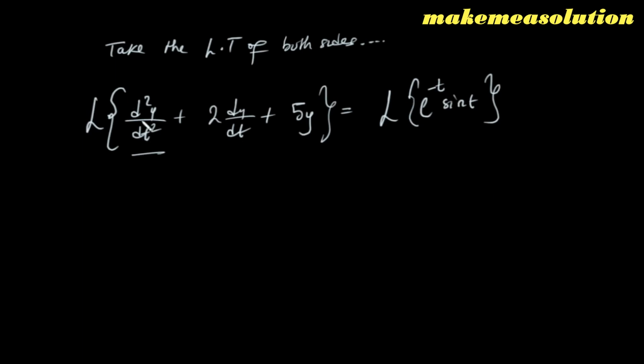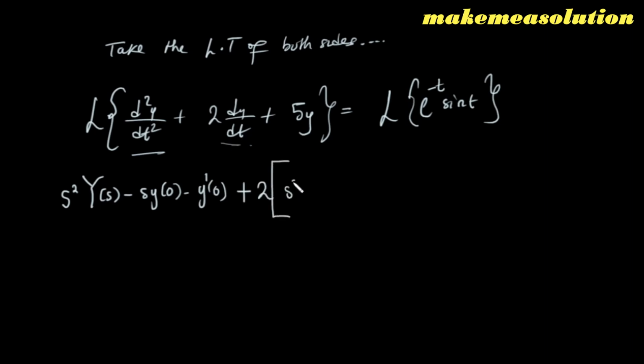Now, if you evaluate the Laplace transform of derivatives, you are going to find that for the second derivative we have s squared Y of s minus s y of 0 minus y prime of 0. Then you have plus 2, open a big bracket, then the Laplace transform of dy dt.